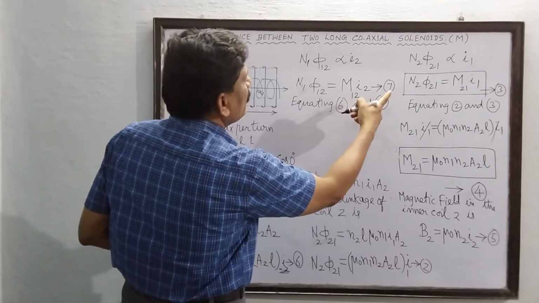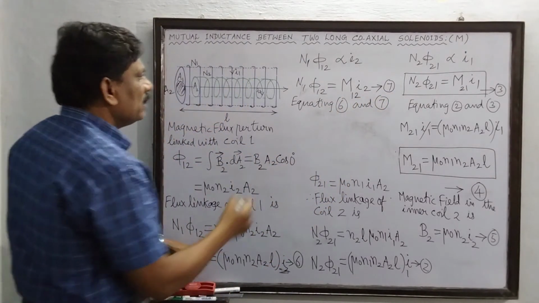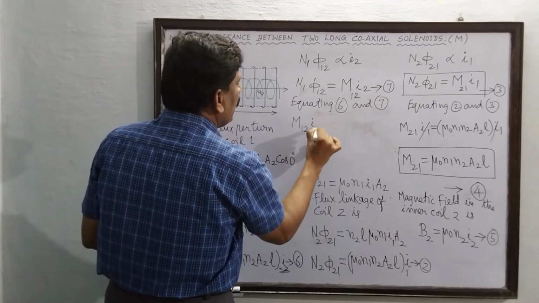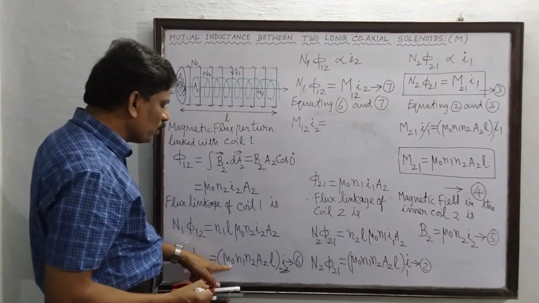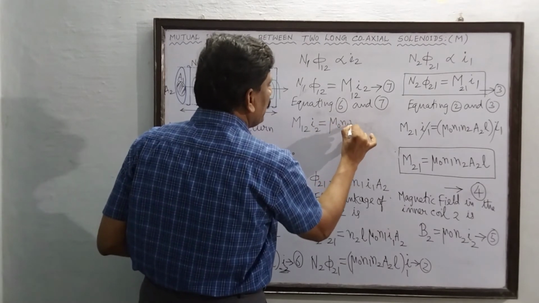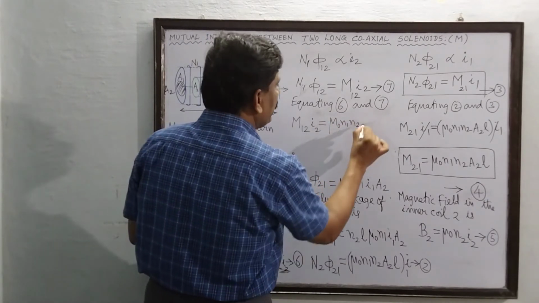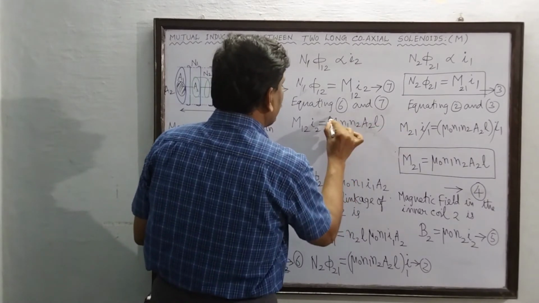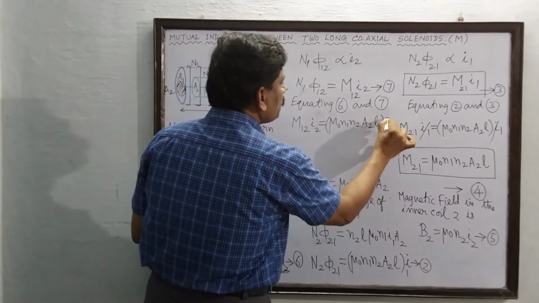So M12 into I2 is equal to mu naught N1 N2 into A2 into L in brackets into I2.